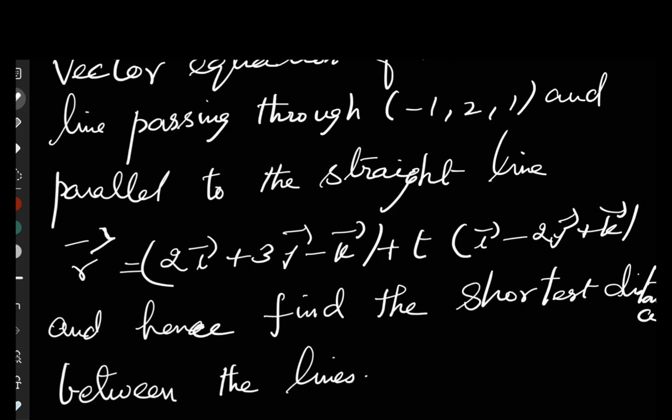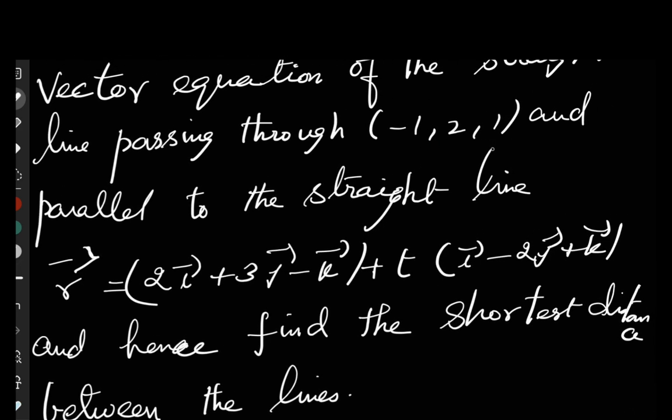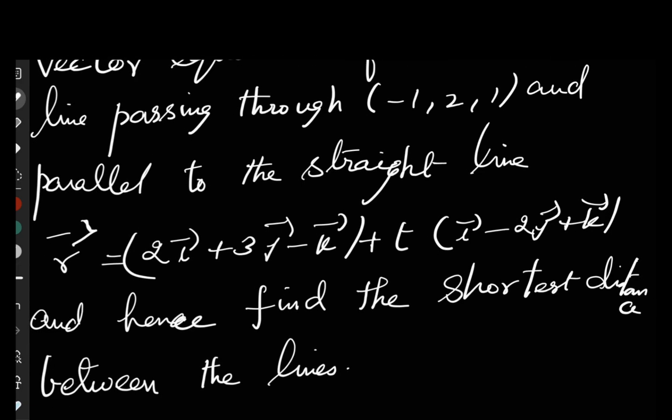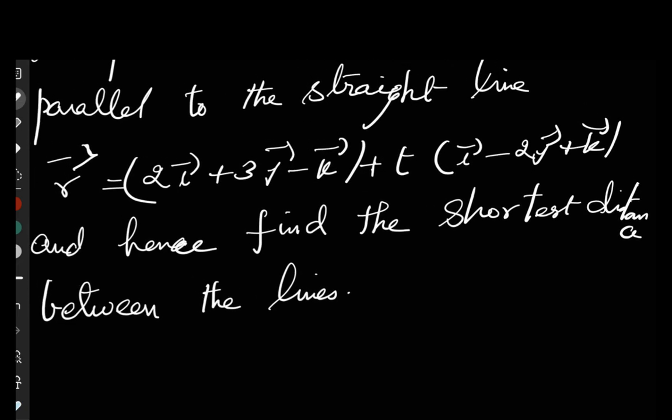Here the required line passes through this point and is also parallel to this. So the given line and our required line are both parallel, that means they have the same parallel vector.